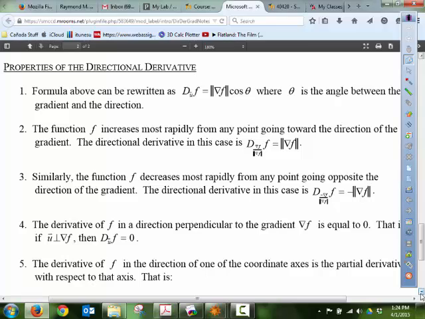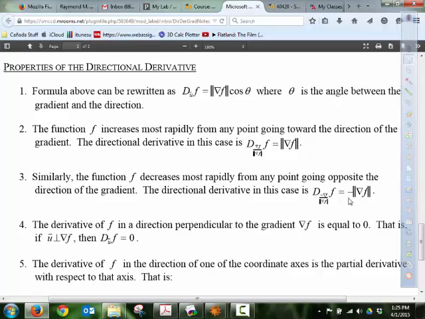The gradient is the direction of the fastest increase. Now that you know that, when you want to find out what that rate of change, that slope, is going to be, it's given by the magnitude of the gradient. That's how fast it's changing.